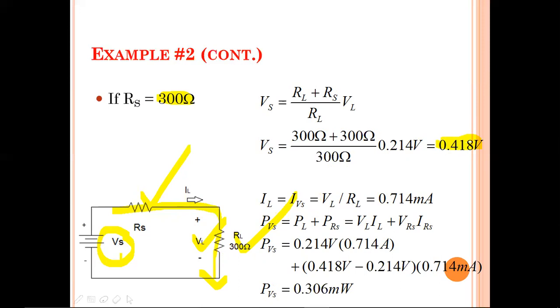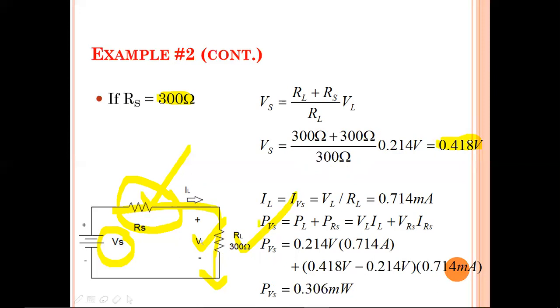So this is the supply voltage and the delivered voltage, and the rest of the voltage will appear as loss, that is the voltage drop. Voltage drop is not utilized, so that is the internal drop because that is the internal resistance now. So now let me find the power which is delivered by the source.